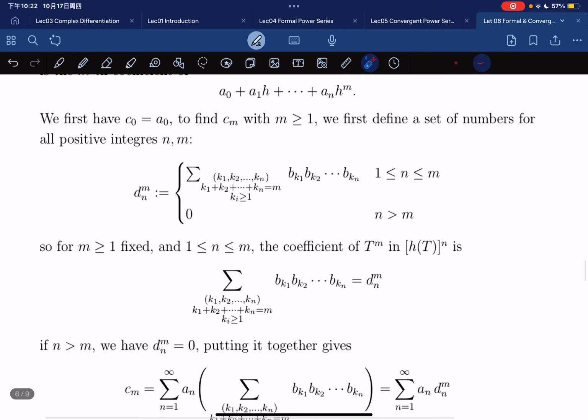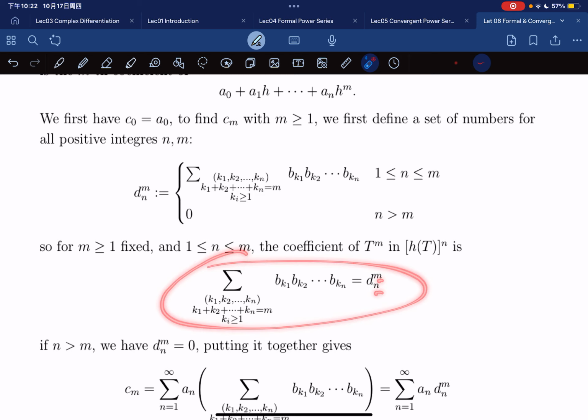So for m greater than or equal to 1, the coefficient of t^m in h(t) to the power of n, so h(t) multiplied with itself n times, is actually equal to this, which is dnm.